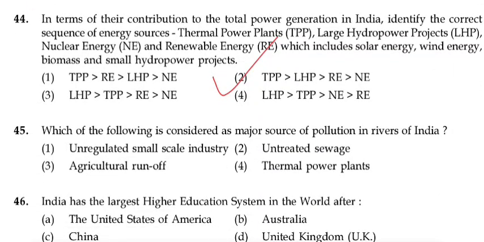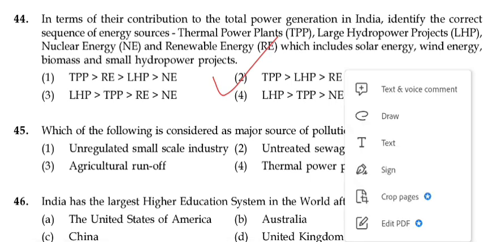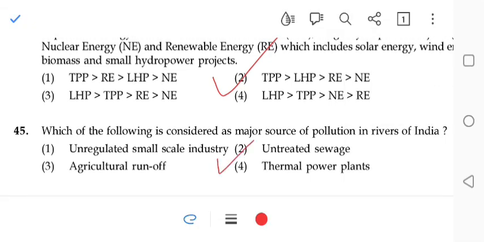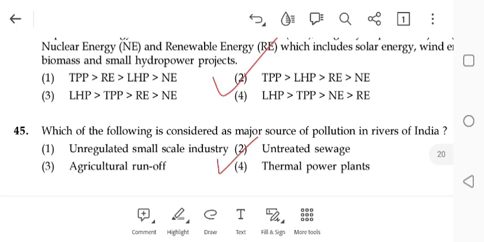45, which of the following is considered as major source of pollution in rivers of India? Unregulated small-scale industry, untreated sewage, agricultural runoff, thermal power plants. For 45, number 2, untreated sewage is the major source of pollution in rivers of India.